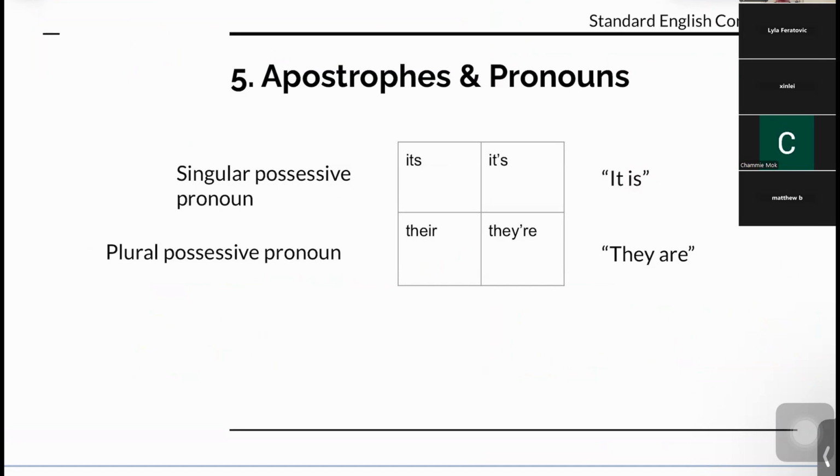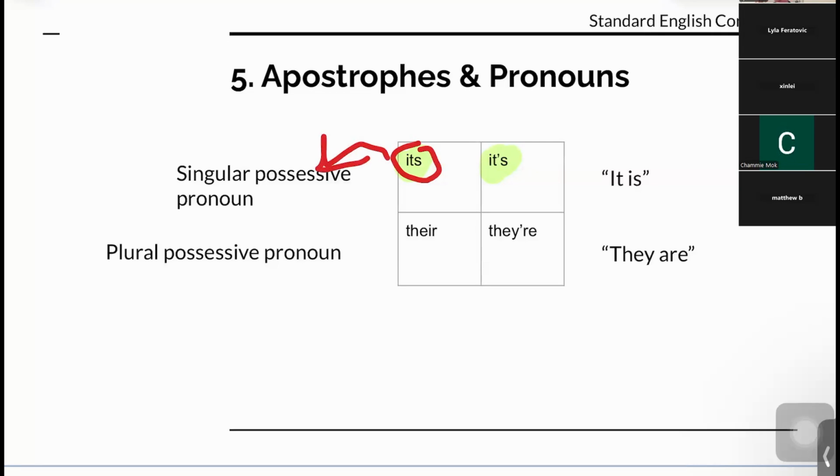Okay, we've got this table. We have top left, its with no apostrophe. We have top right, it's with an apostrophe between the T and the S. Lock in your mind that its, with no apostrophe, is a singular possessive pronoun.